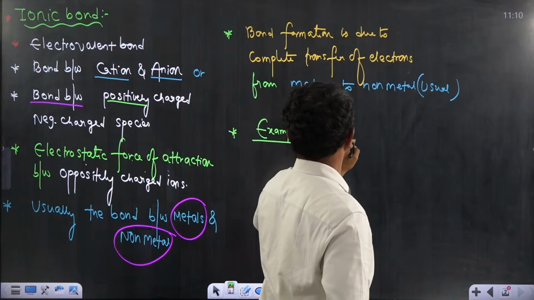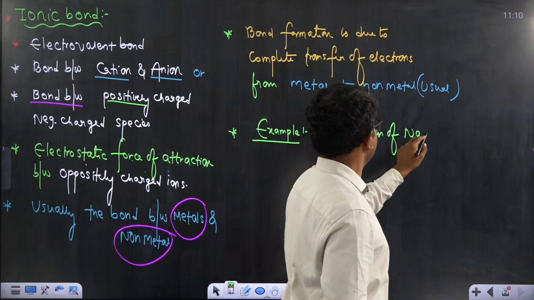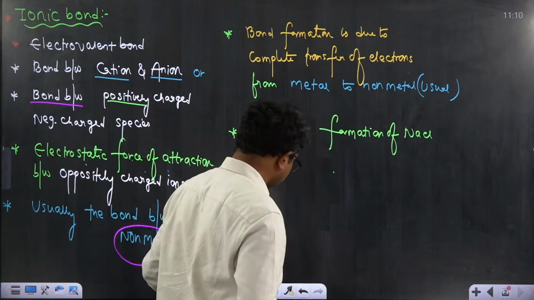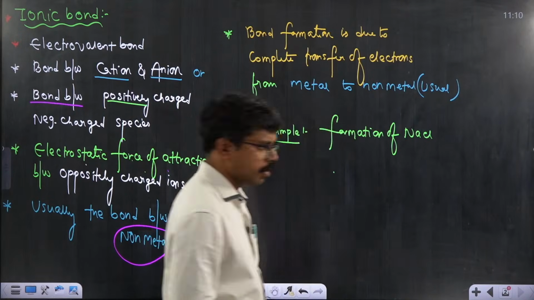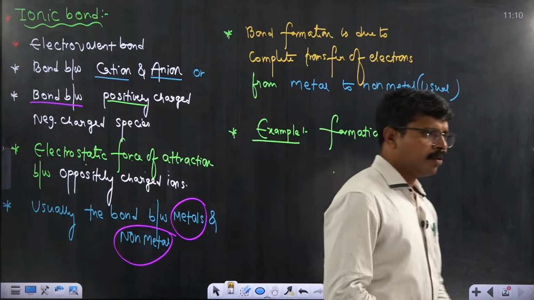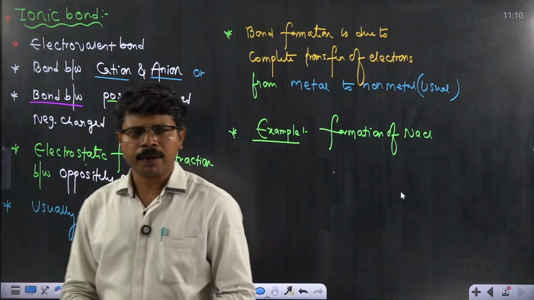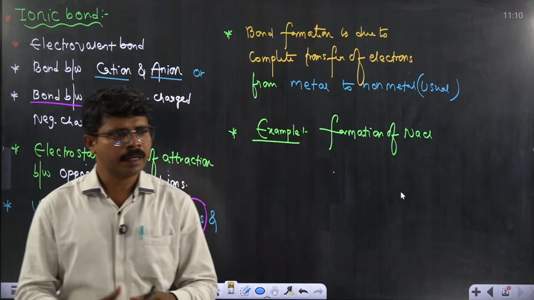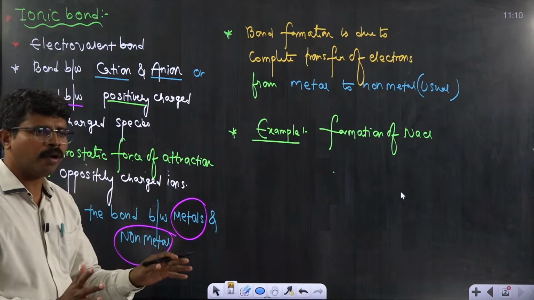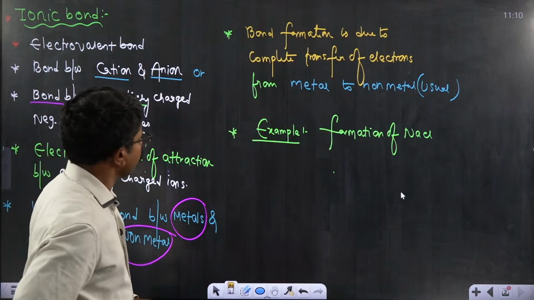Formation of NaCl. Let us consider a simple example, NaCl. Afterwards we will move to another example after completing this one. I hope all these points are clear. I have given the definition of ionic bond, and I hope most of you recognize these points and knew them already.